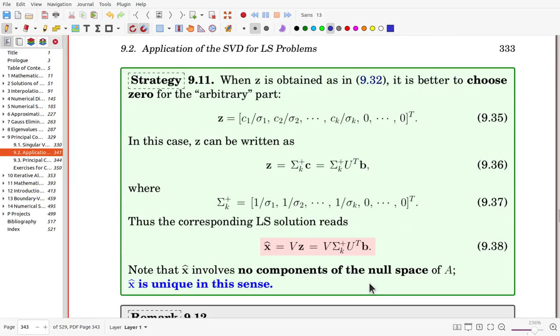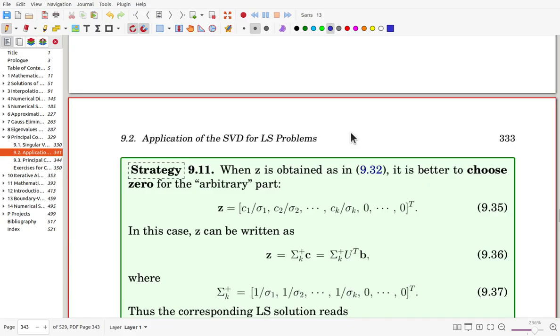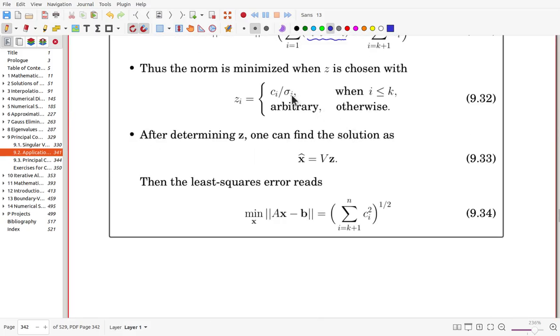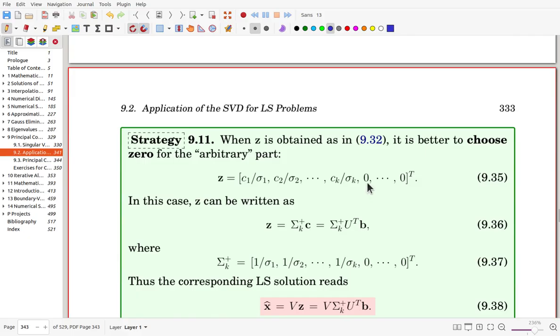Okay, here, particularly for the arbitrary part, we need a little bit of a strategy so that we can deal with the problem more effectively. When z is obtained, as in earlier, it is better to choose 0 for the arbitrary part, so that z will become, for the first k components through that one, we can find the first k components, and then for the remainder part, we just put 0.